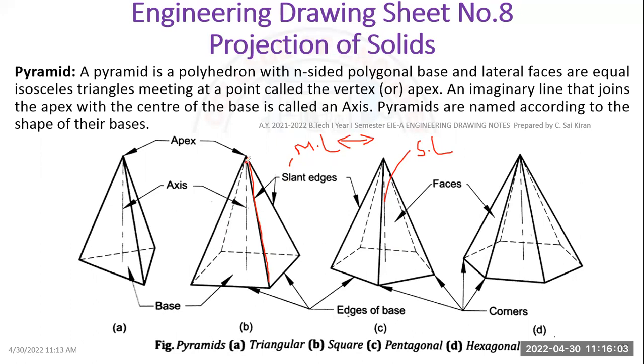Slant edges are more in length. If you measure, slant edges are more in length compared to this axis because they have some inclination. The side faces are isosceles triangles.